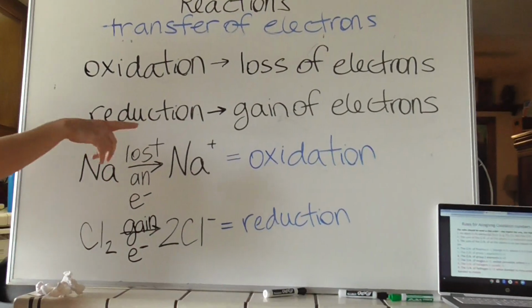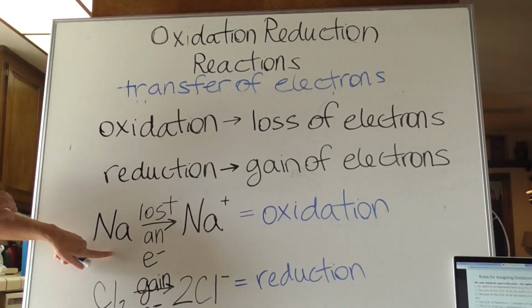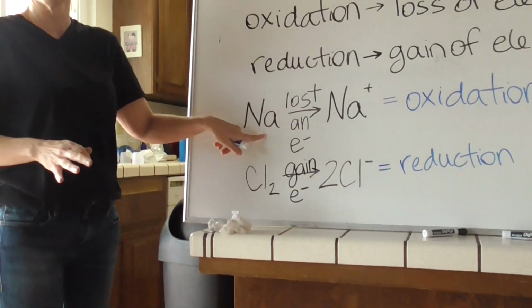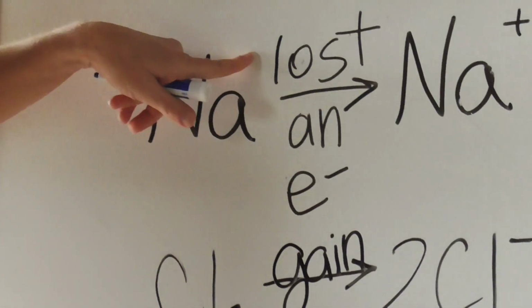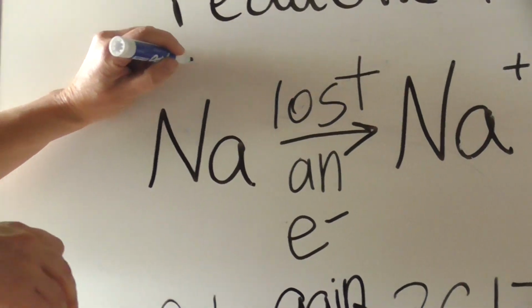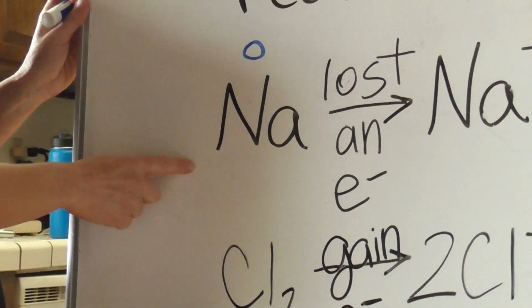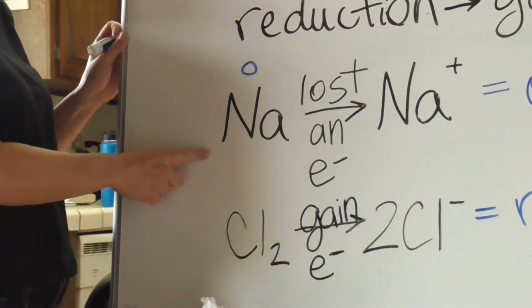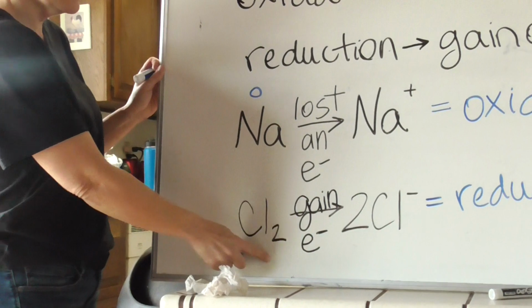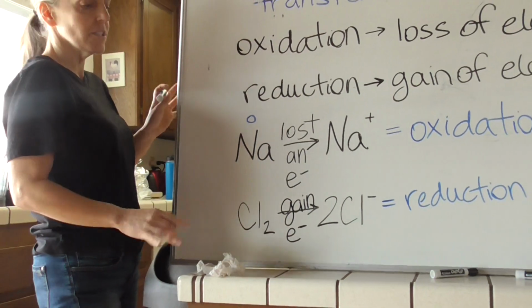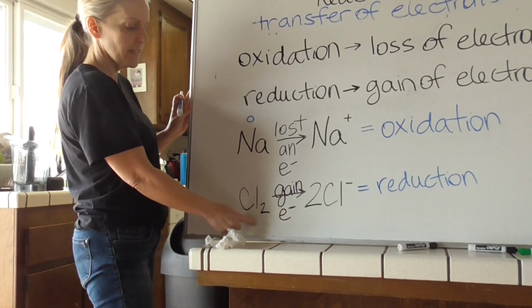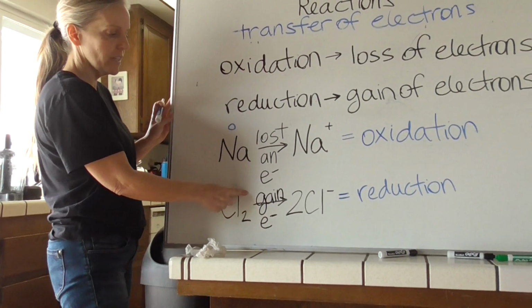So the first rule on there is if you have an element by itself and there's no charge written up there, it's 0. So this only works if it's an element by itself. Down here it says Cl2, it's a diatomic, but it's still just that element, and there's no charge there.